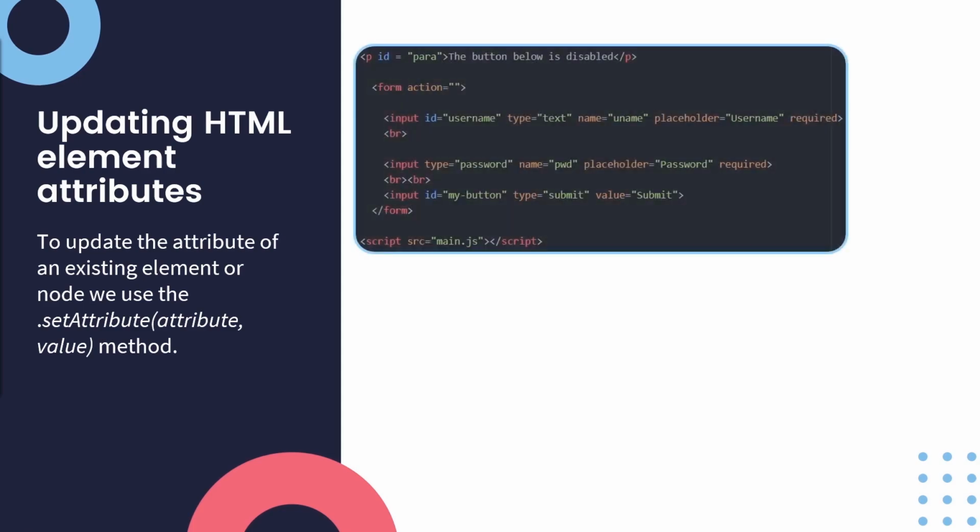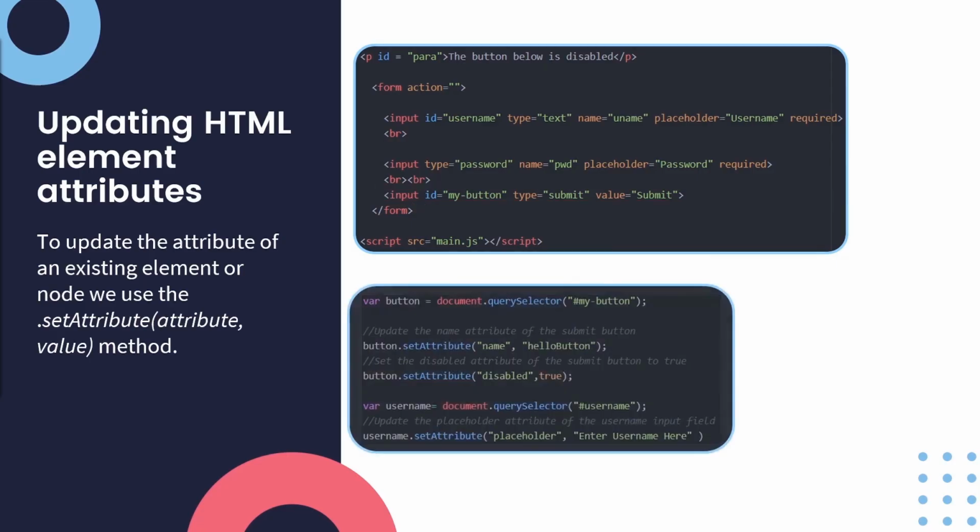So in our example here, we've got an input field, another input field, and then another input field, but this one is actually a button, where the first two are your text-based input fields. In our JavaScript code, we call the button, we grab it via the ID, we then set the first attribute, the name of the button, to hello button, and we set the second attribute to disabled, and we give it a Boolean value of true.